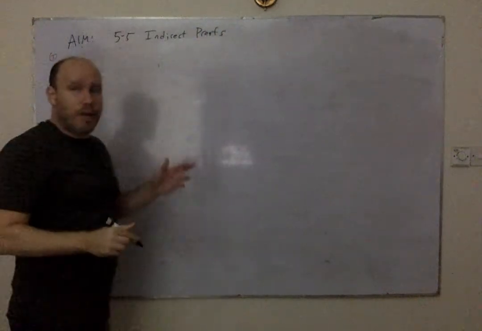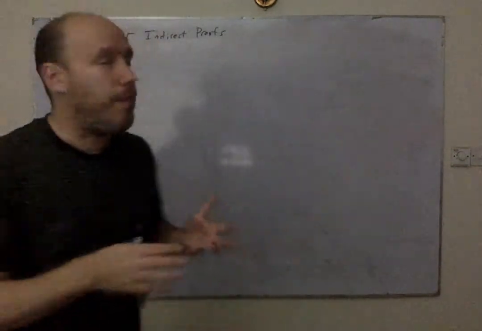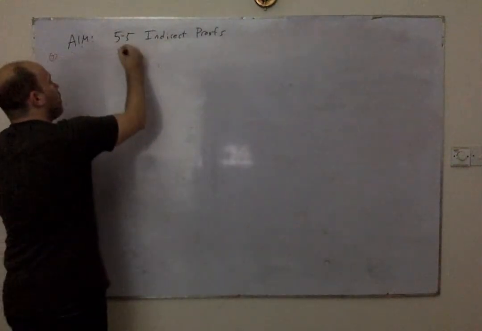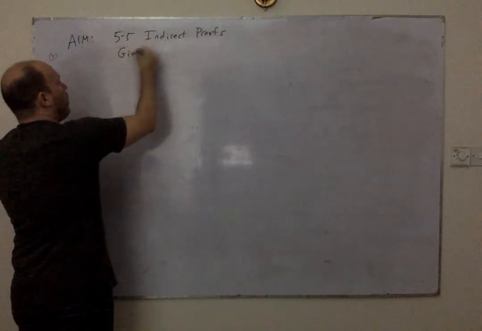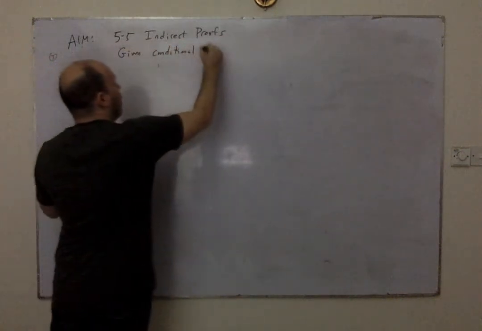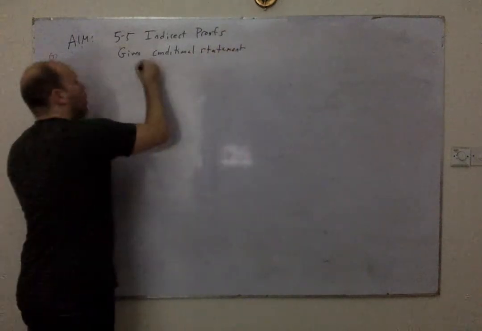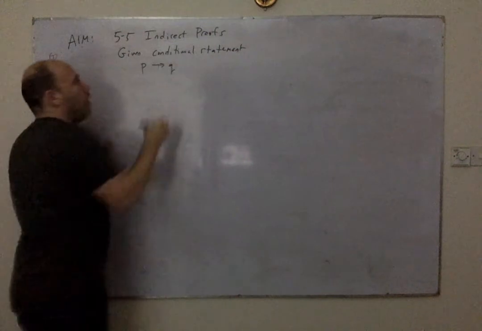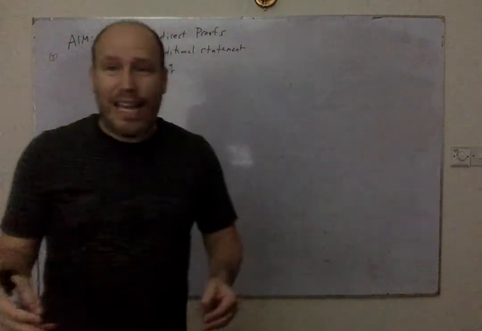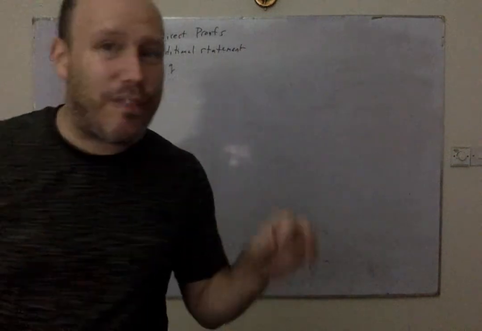And the idea here, it's another way of proving something. So you're given a conditional statement. What you're going to do then is take that Q and assume the negative is true.